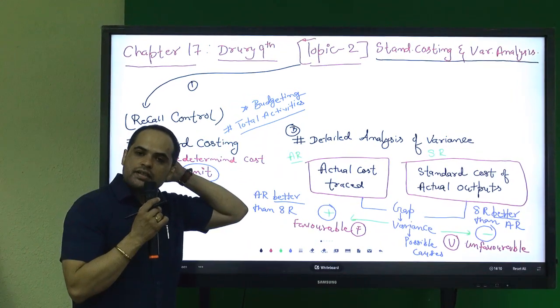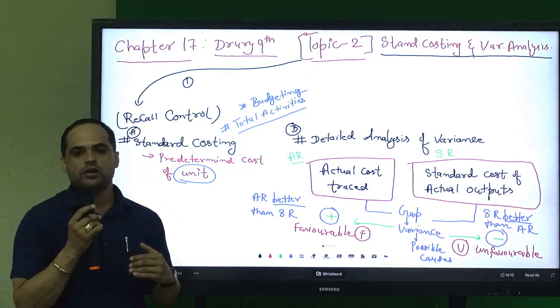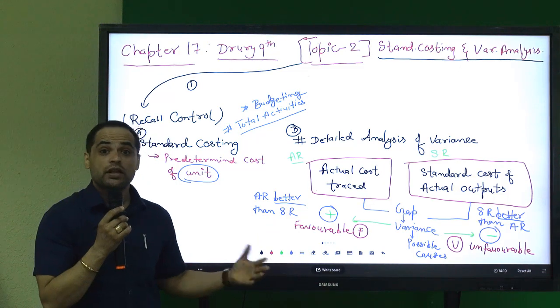All right. So once we have possible causes, then we have to find out the corrective action. That means how we can overcome those issues in the future.